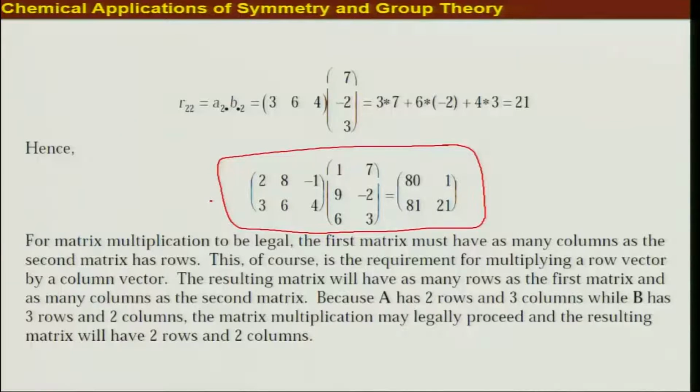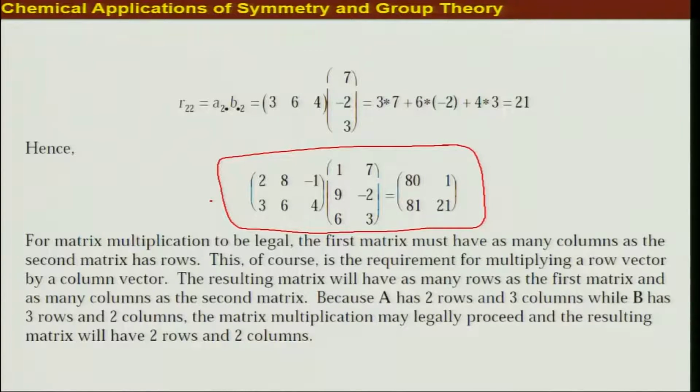So, again if we state that sentence, for matrix multiplication to be legal, the first matrix must have as many columns as the second matrix has rows. This of course is the requirement for multiplying a row vector by a column vector, right? The resulting matrix will have as many rows as the first matrix and as many columns as the second matrix.